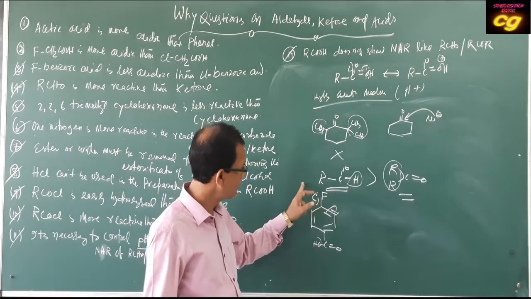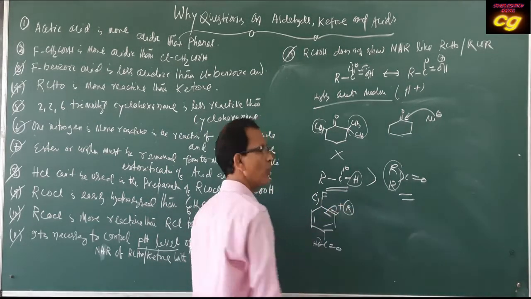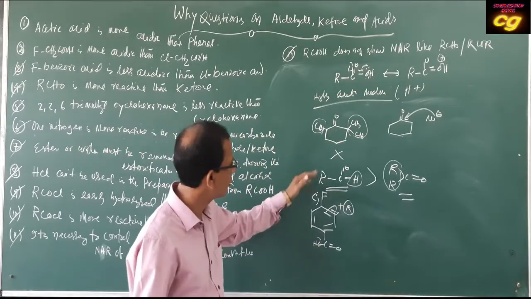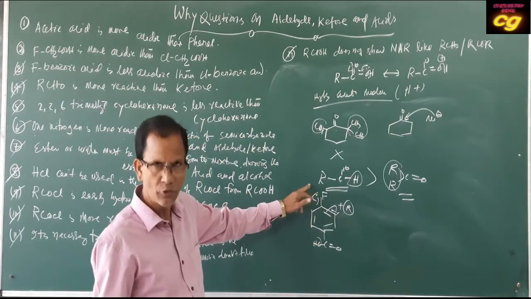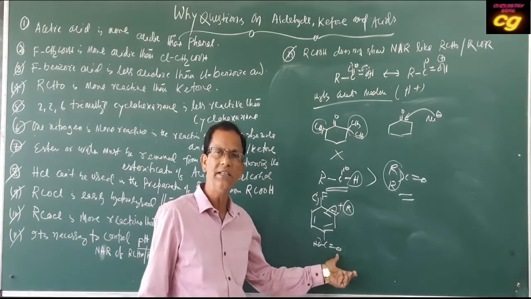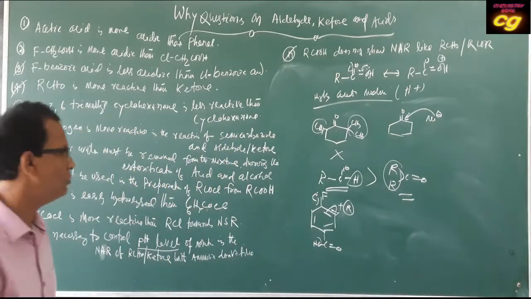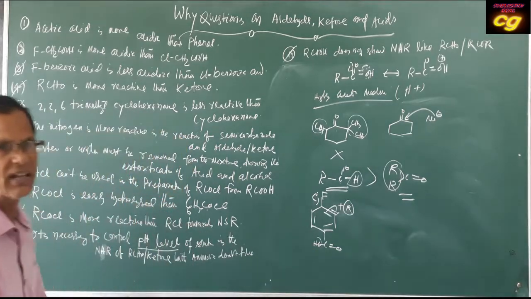Due to the +R or +M effect of the fluorine, the electron density toward oxygen increases. That's why it is less acidic. You cannot lose the H+ ion easily.